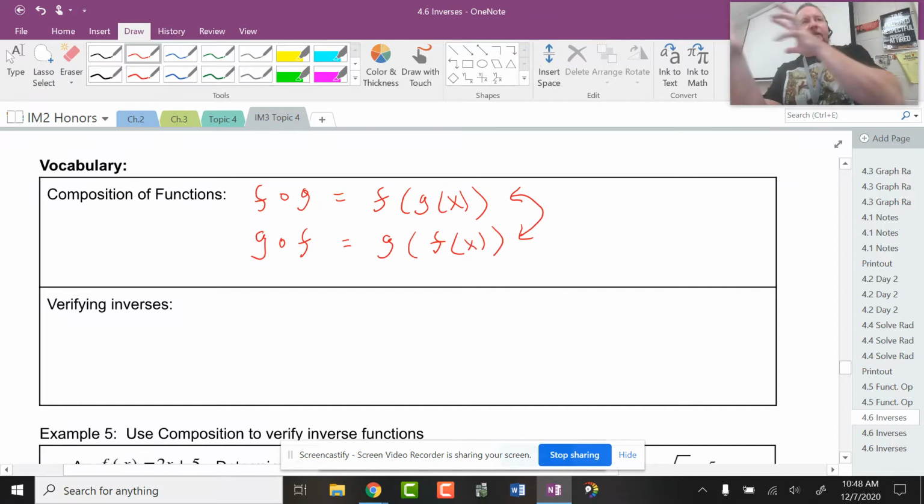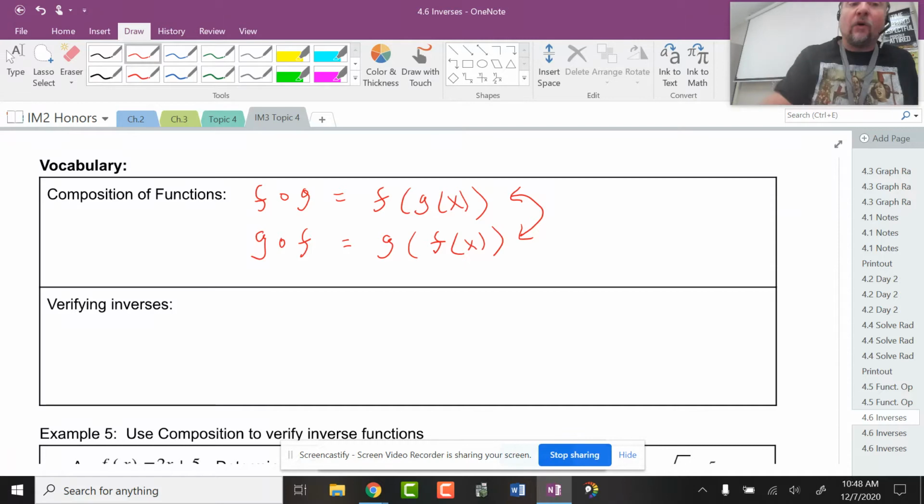If I did an f of g of x and then I did a g of f of x with the same two functions, f and g, when I switch that composition of functions, I don't get the same result often, hardly ever. But there is one time when you do, and it's when you're verifying if two functions are inverses of each other. Because here's what's true.